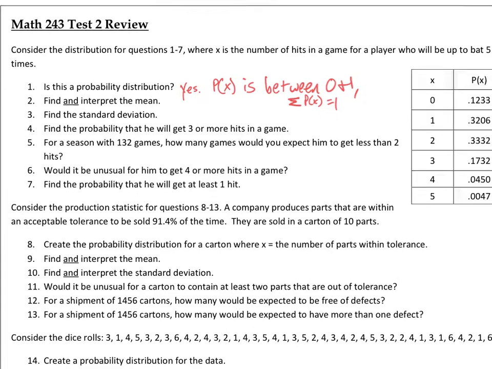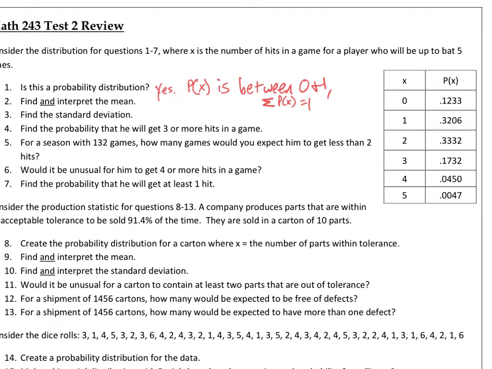Next is to find the mean here. Remember, this probability distribution means these are the possible outcomes: 0, 1, 2, 3, 4, 5, and this is the probability that each will happen. To find out on average, the mean is the expected value. What do we expect if this happens at random?